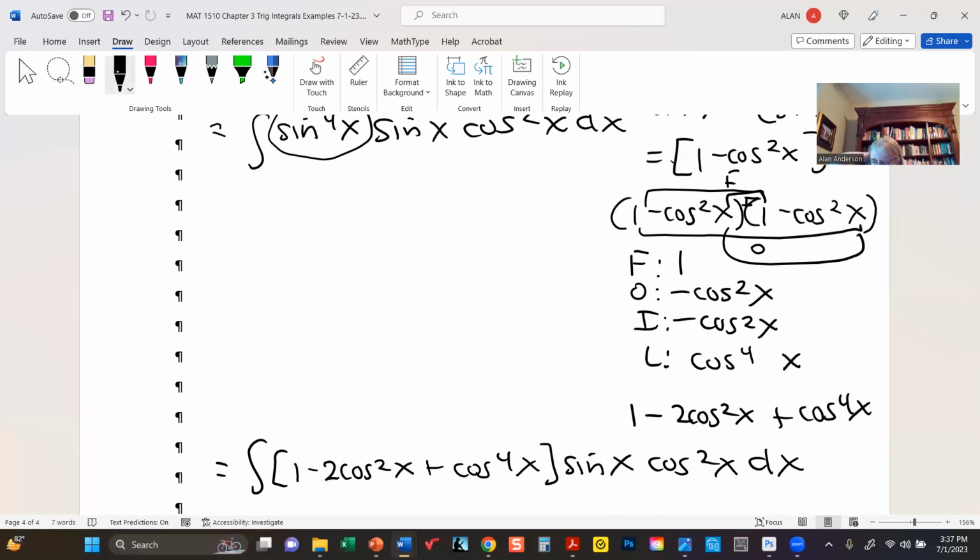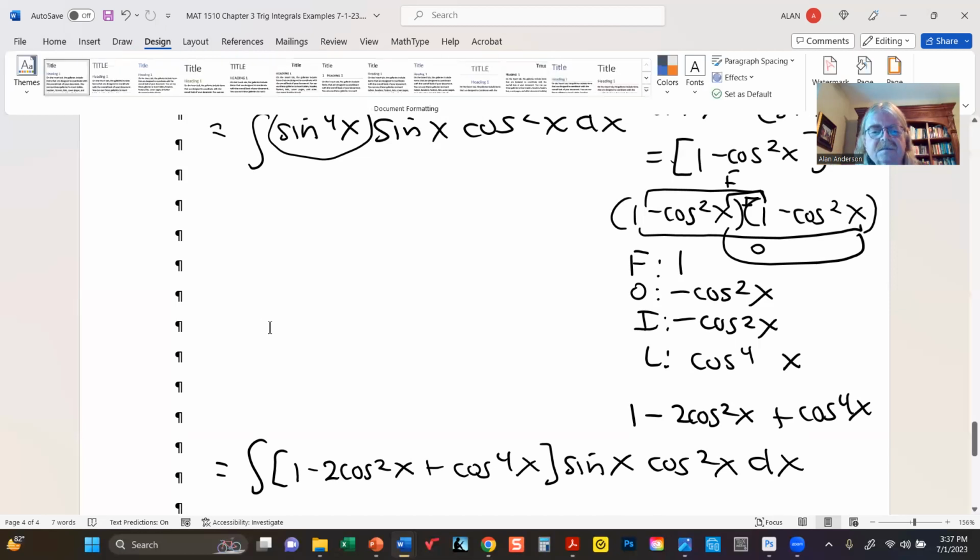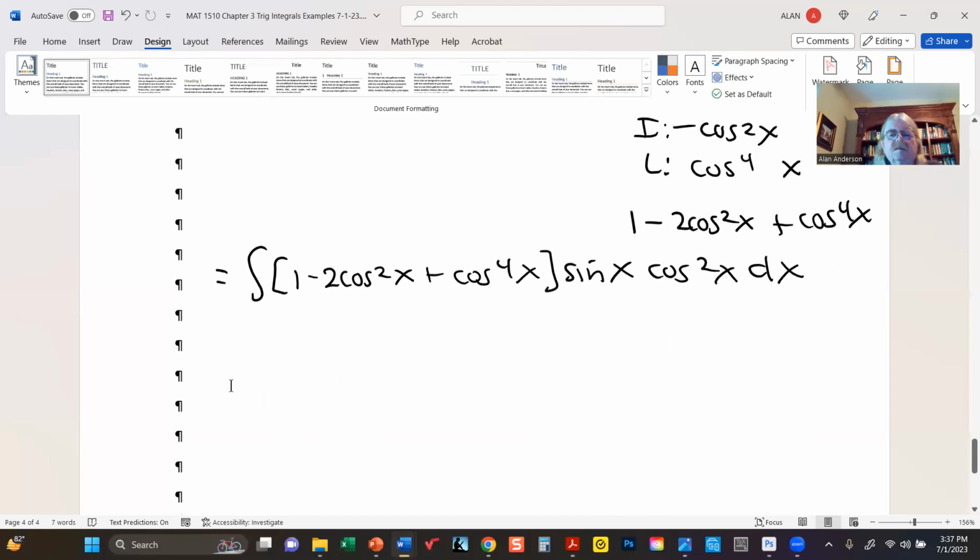So what does that get us? Well, why don't we try this? U could be, how about sine x? Or actually, no, let's try cosine x since we have so many of them. And du dx, or just du, could be written as minus sine x dx. Now, we have something like that here. We do not have the negative that we need here, though. So let's do this.